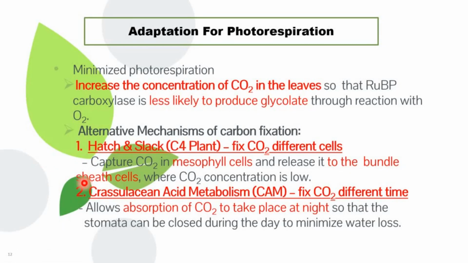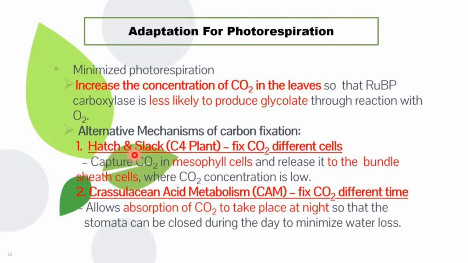There are some ways to overcome and minimize the photorespiration problem in plants: by increasing the carbon dioxide concentration in the leaves so that carbon dioxide binds with RuBP instead of oxygen to produce 3-PGA, and through alternative mechanisms of carbon fixation. There are 2 types of mechanisms: the Hatch-Slack pathway and crassulacean acid metabolism.